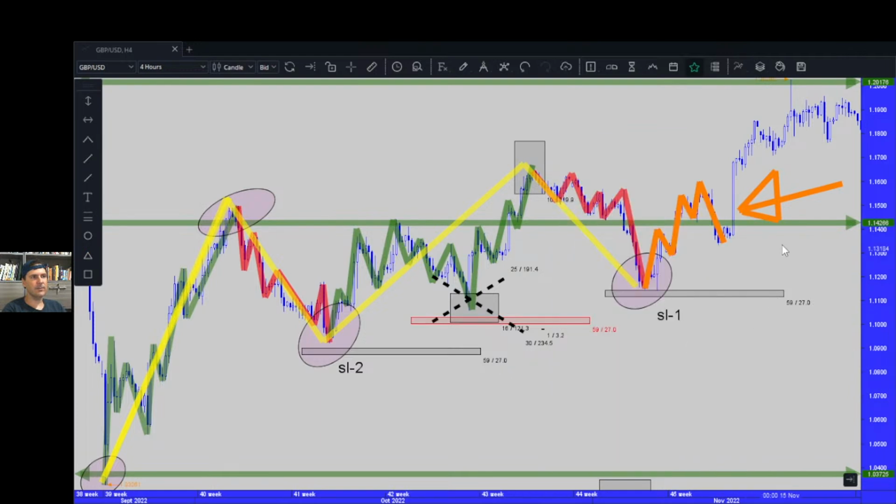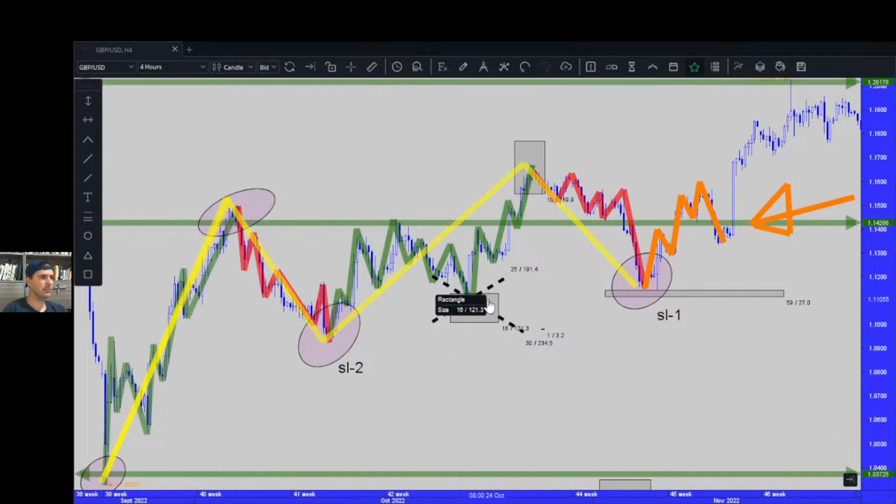Make sense? And we might be thinking, oh, those theories and concepts, they don't work. They do work, but we must get skilled to the point not to make this kind of mistakes anymore. Make sense? Stop loss number 2, very good.